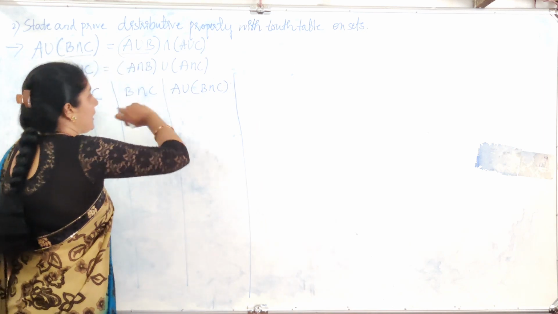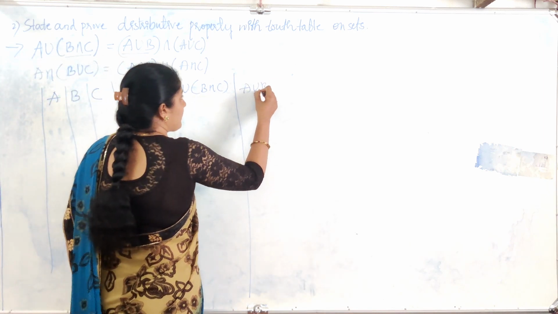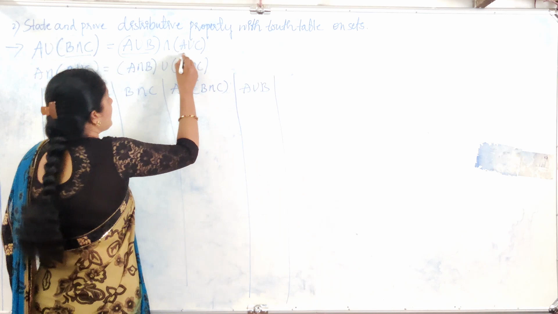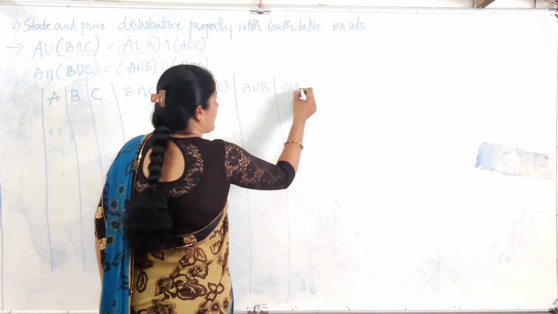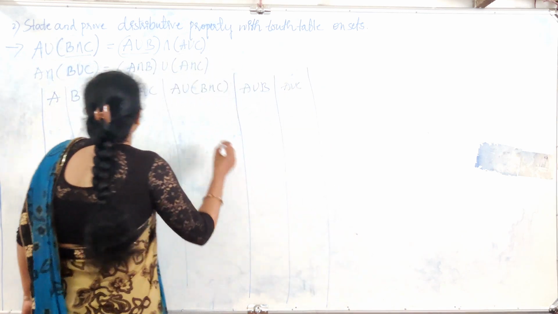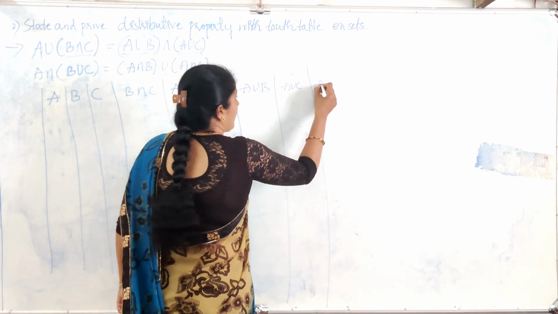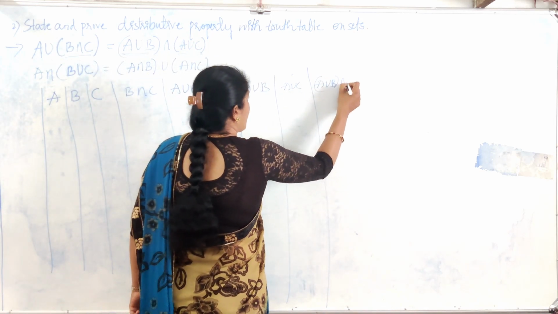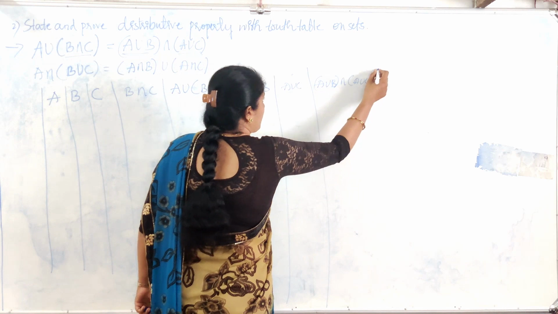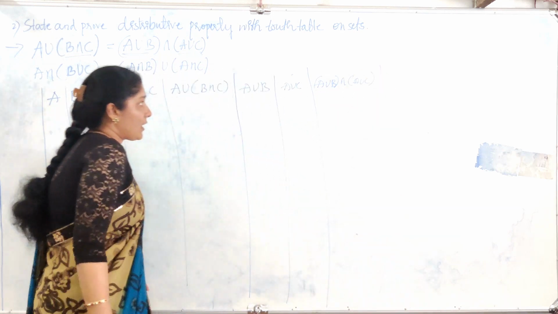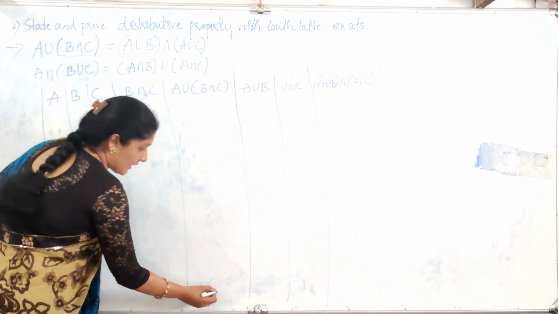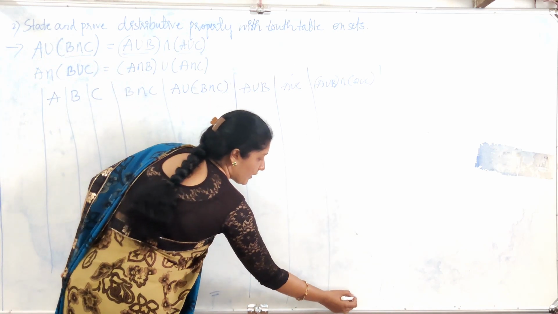RHS would be A union B, next A union C, next we have A union B intersection A union C. So we have to prove that LHS is equal to RHS.